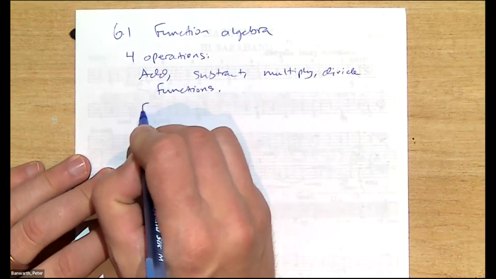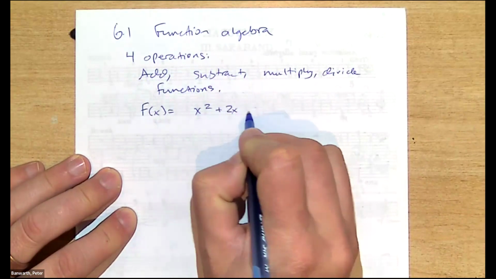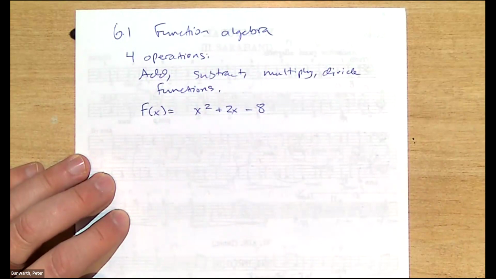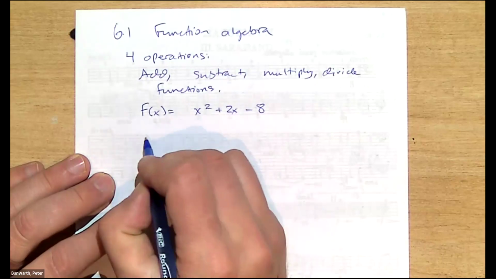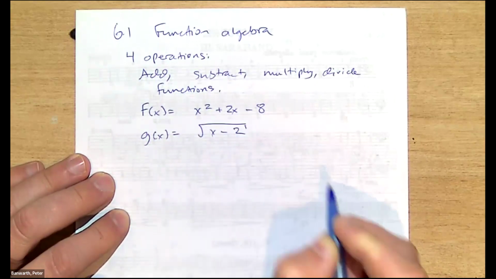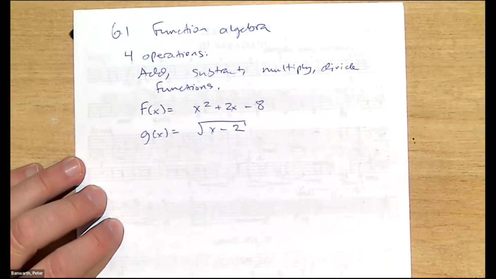So if I have f of x equals x squared plus 2x minus 8, what kind of a function is that? It's a quadratic. And g of x is equal to the square root of x minus 2. That is what type of function? Yep. Then we can do a bunch of different things.